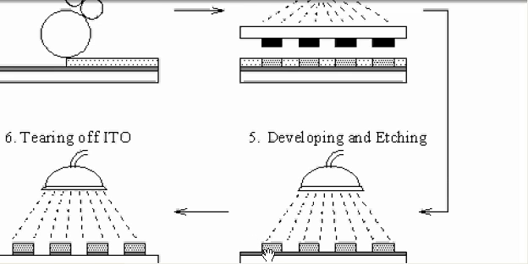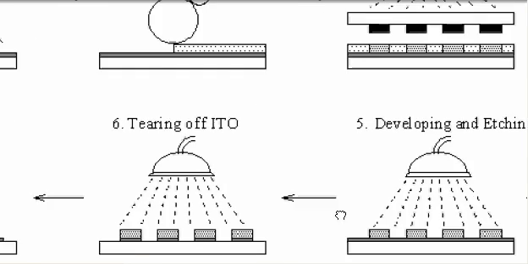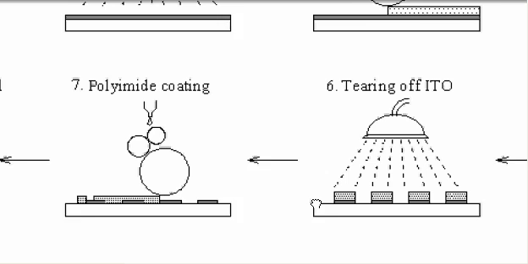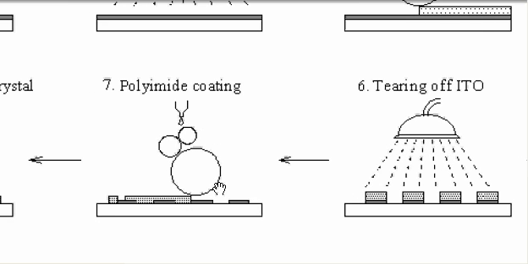Without exposure to UV, the photoresist still stays there. And then we use acid to etch the ITO. So in that case, we can form the pattern on the LCD glass. And then we use a polyimide coating to coat the glass.